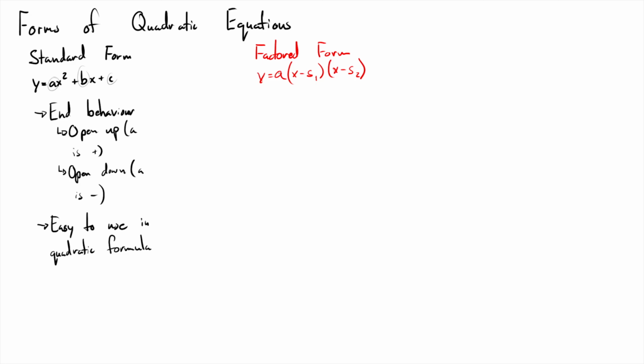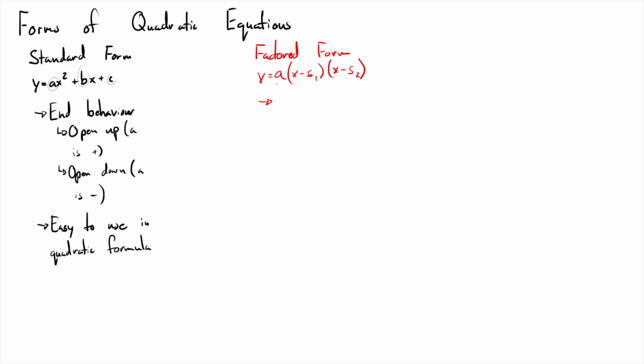Again, a is the same a that is over here. a is just a number. s1 and s2 are also just numbers. And the reason that I labeled them s1 and s2 is because they are solutions to our quadratic equation, and I'll let you know what I mean by that. But first, let's go over some of the things that it gets us.